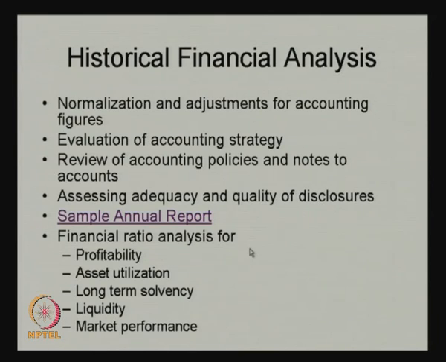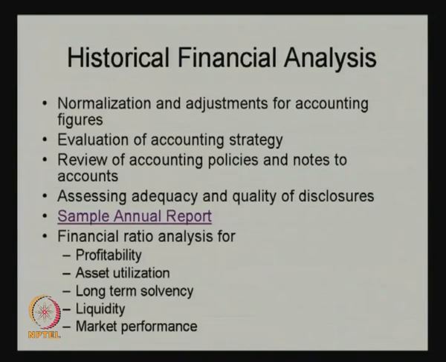Then one can use these figures in financial statement analysis, and for that we can adopt ratio analysis, besides other techniques which you have already discussed in our previous session on financial statement analysis. In this we talk about 5 major aspects.